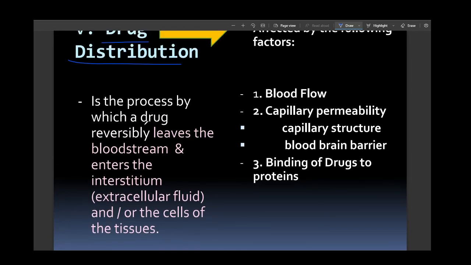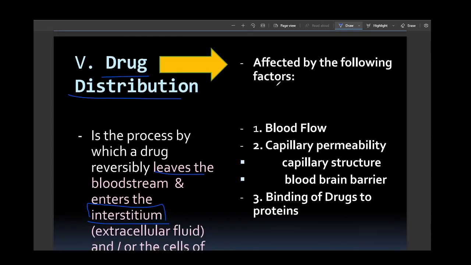that it is the process by which a drug reversibly leaves the bloodstream and enters the interstitium, okay, for acting on the tissues, and it is affected by the following factors: the blood flow, the capillary permeability.